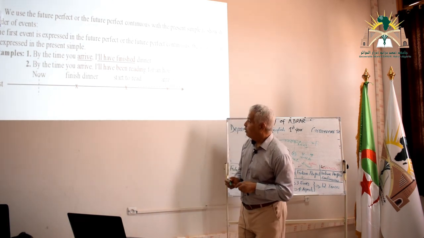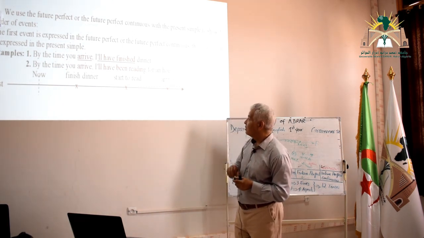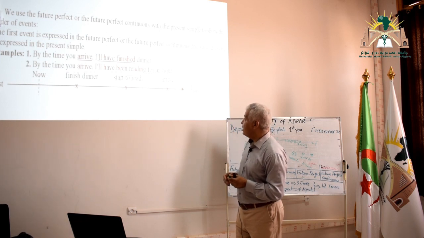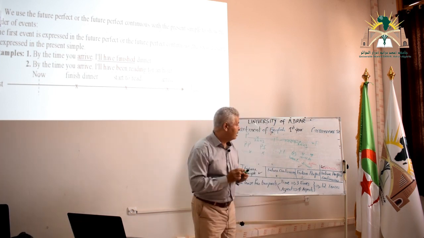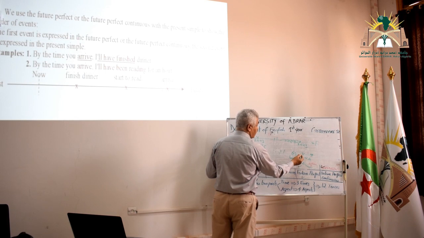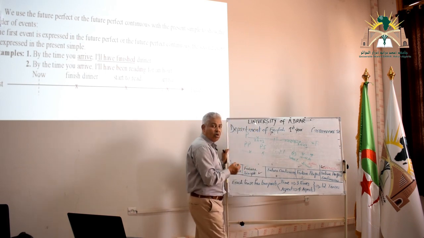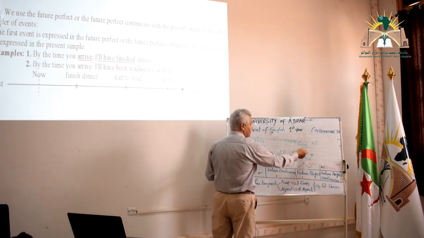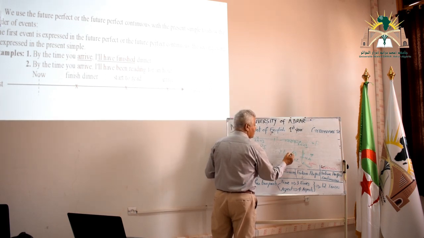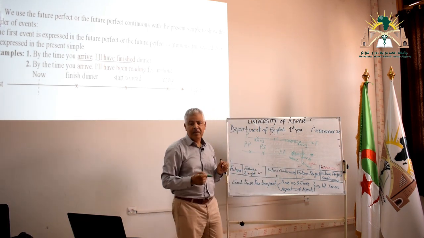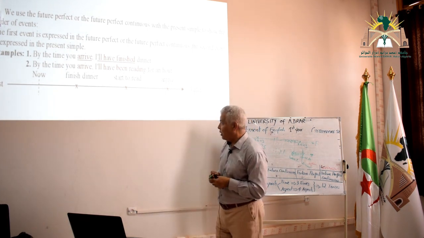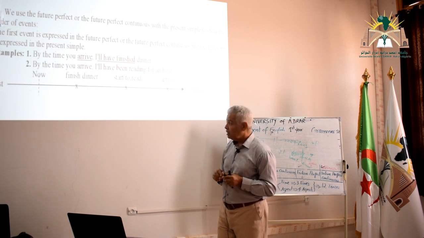The second example, by the time you arrive, I will have been reading for an hour. If we have an action that happens or will happen in progress before a point in time, that is, you arrive, by the time you arrive, I will have been reading for an hour. All right?